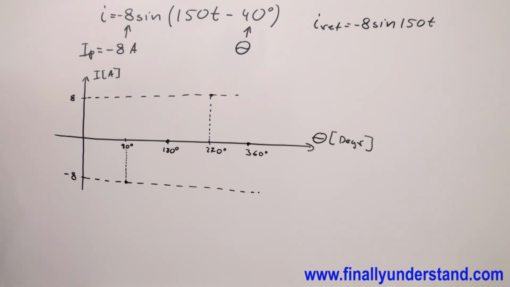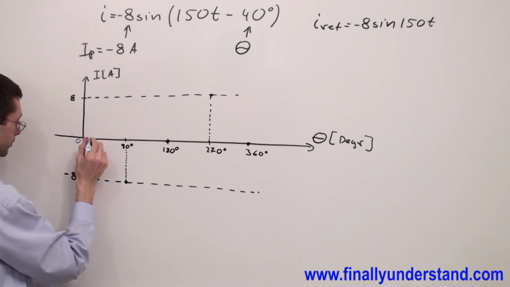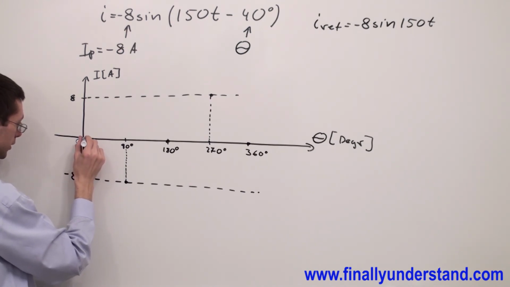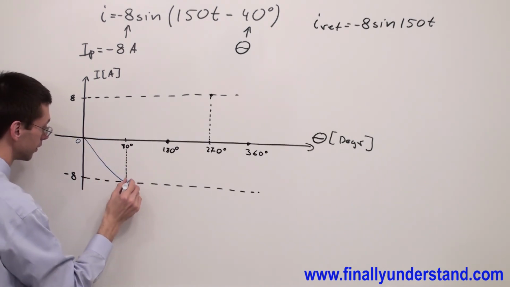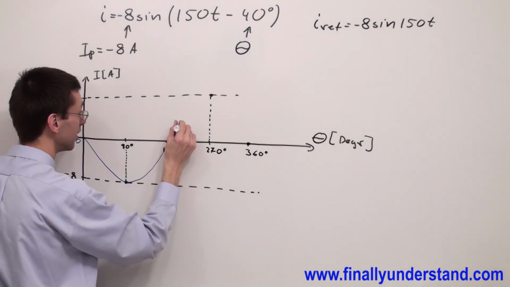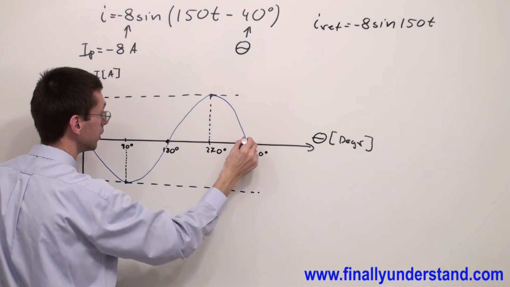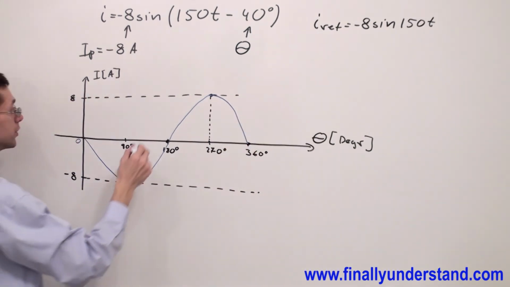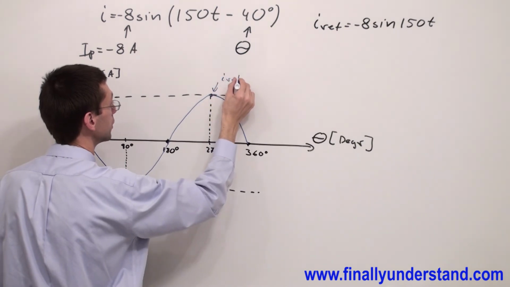Next, I'm supposed to connect all these points together. Remember, this is 0. That's why I'm going to have something like this. This is my reference sine wave, I reference.